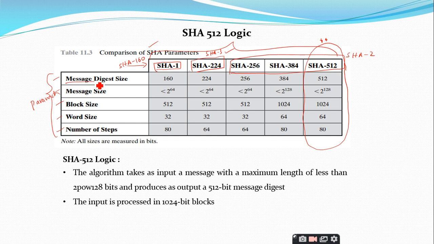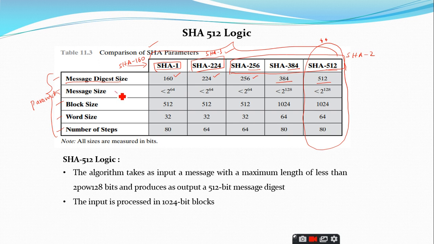Coming to the message digest size, SHA-1 will have 160, SHA-224 will have a message digest of 224, 256, and SHA-384 having a message digest of length 384, SHA-512 is having a message digest of length 512. This is very much clear. We have discussed it in the previous discussions.